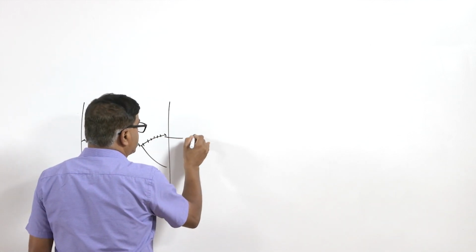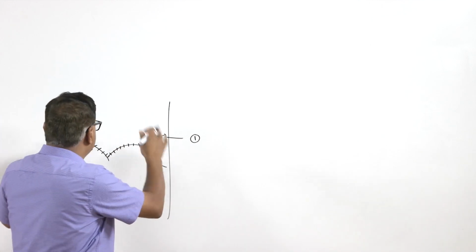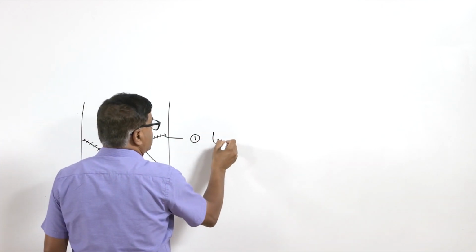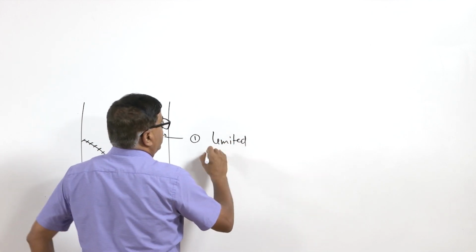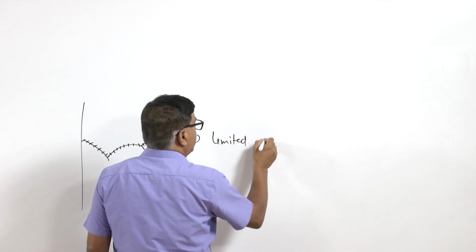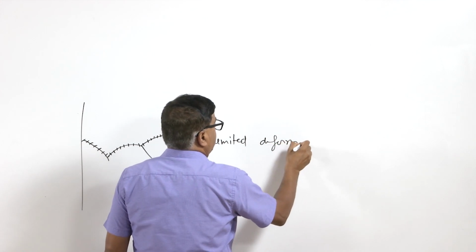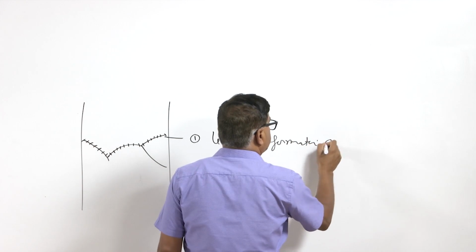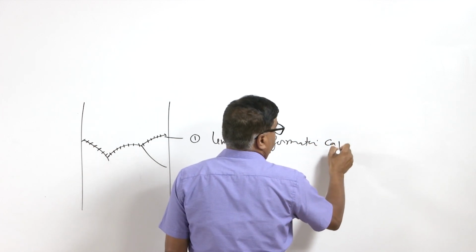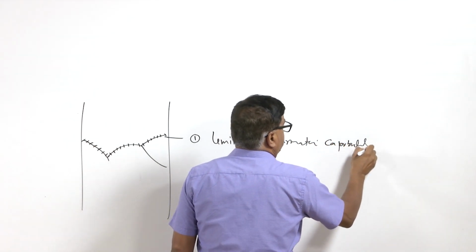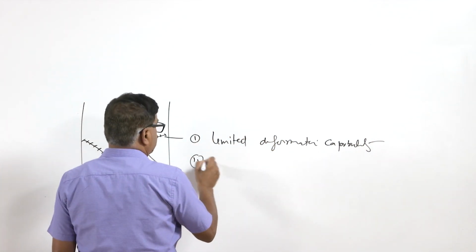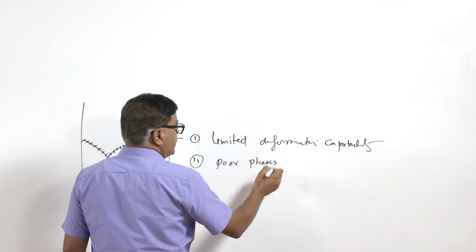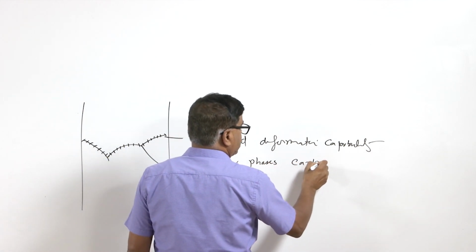There can be three situations for this kind of fracture to occur. One is that the metal system present at the grain boundary has limited deformation capabilities, so it is very brittle. The second is a very poor phase or phases like carbides.